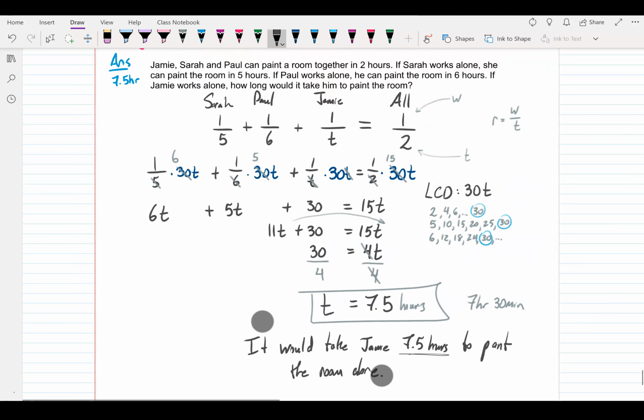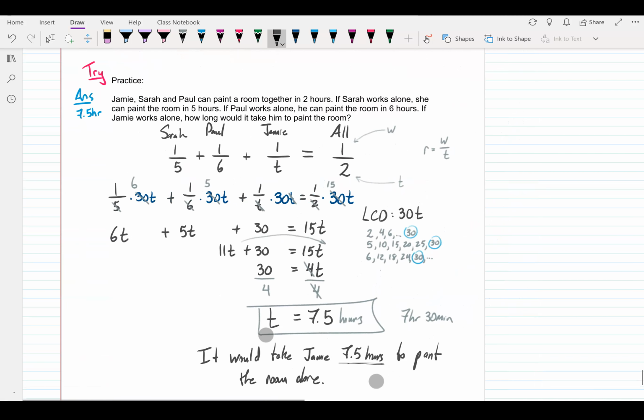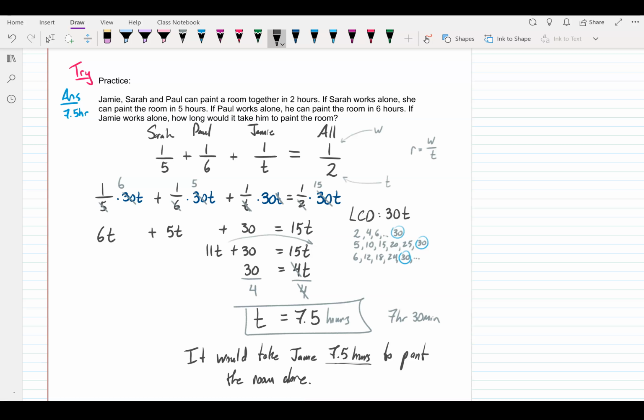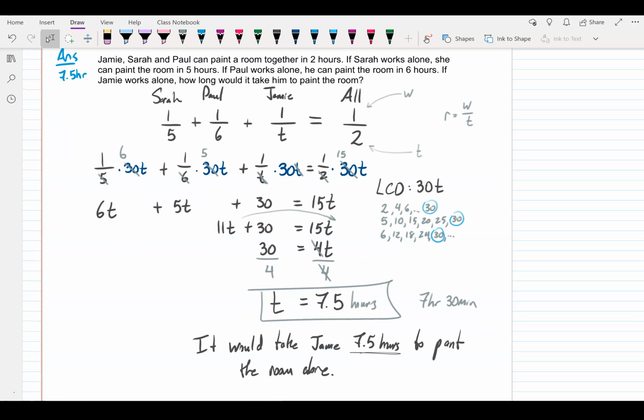So it's a nice idea to go back to the beginning whenever you finish a question and see if it makes any sense. If it really doesn't seem right, then you should probably check your work again. 7.5 hours, is it realistic? Well, it's not like 20 hours, it's not 100 hours, it's not 0.002 hours. So it makes some sense. Let's take a look.